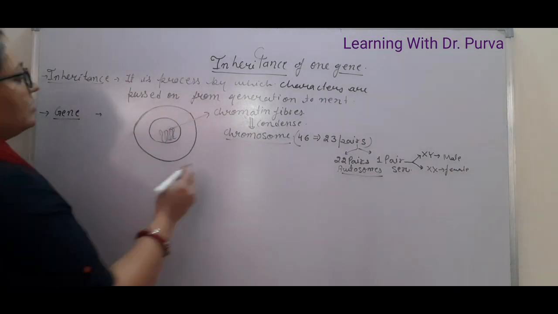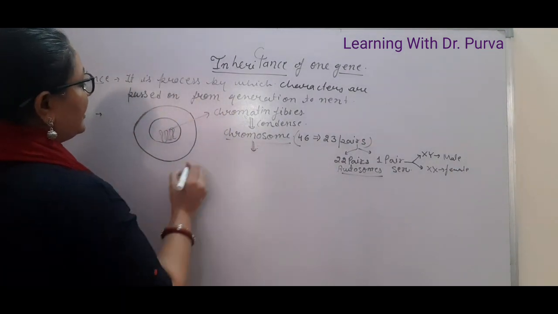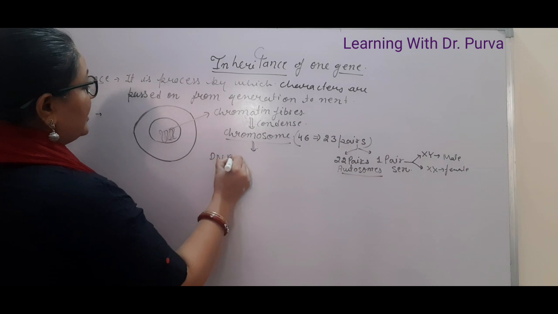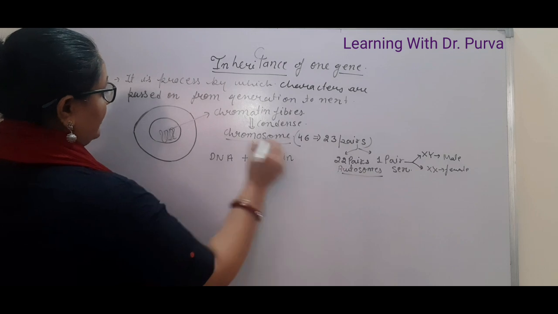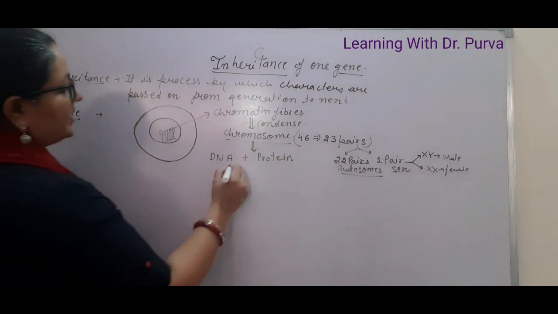Now the chromosomes are made up of DNA and also some specific proteins.